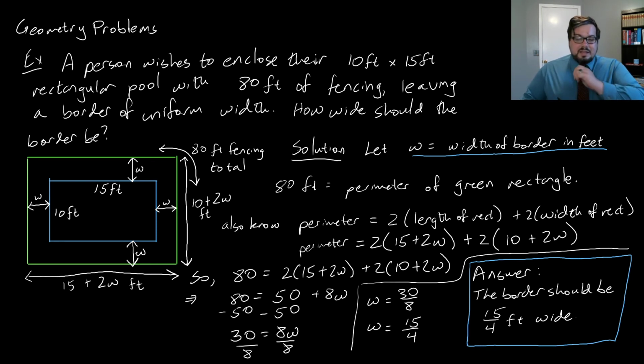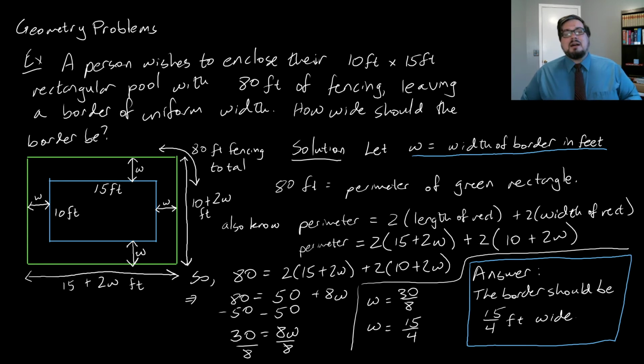Now, notice that we shouldn't say for our answer something like W equals 15 fourths. That's not good enough as an answer to the original question. And one of the big reasons for that is that the original problem doesn't include a W in it.